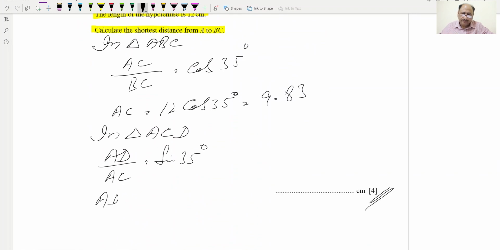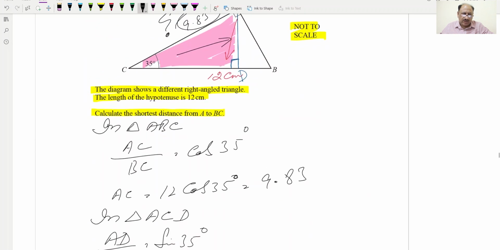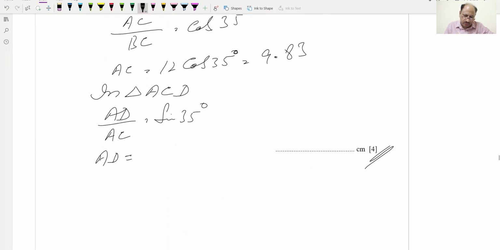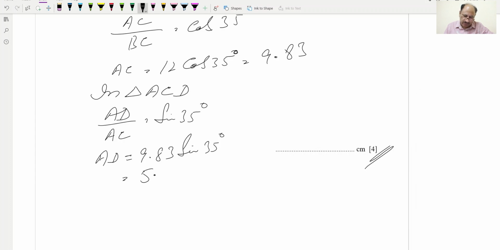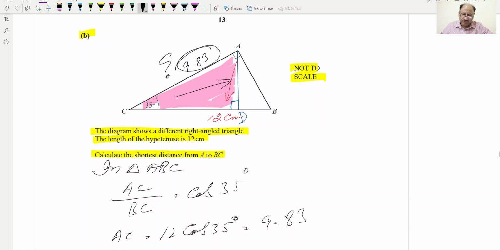AC is 9.83, so AD is equal to 9.83 times sine of 35 degrees, and this results in 5.638, which we can round to 5.64 up to 2 dp. This will be our final answer for this question.